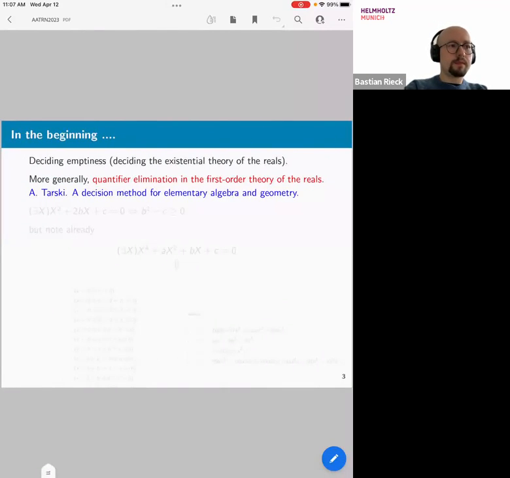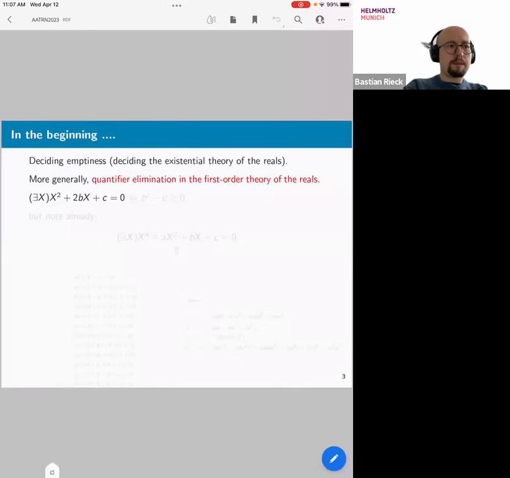Suppose you have a quantified formula: there exists an x such that x squared plus 2bx plus c equals 0. Modulo the theory of the reals, this quantified formula is equivalent, as we all know, to the quantifier-free formula in the free variables b and c, namely b squared minus c is greater than or equal to 0.